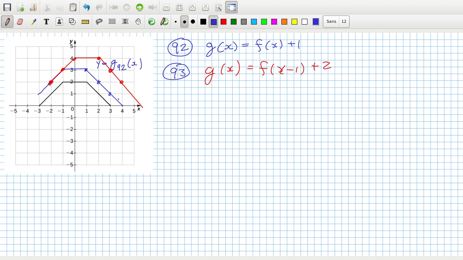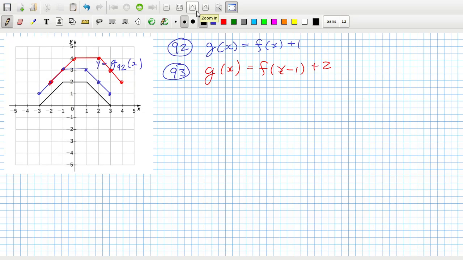And then that's gone there. So that's okay, and then the red one. So there's nothing there. Yeah, that's better, I think. Okay, so that's 92 and 93.